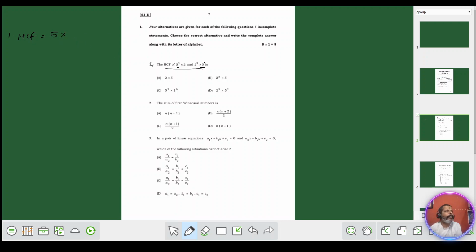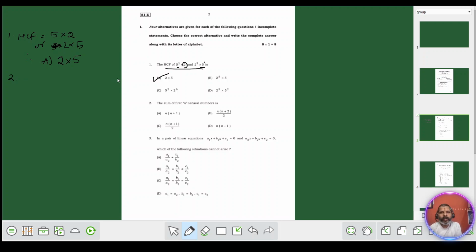Between 2 and 2 to the power 5, the lowest is 2. Sometimes the answer is given as a product, that is 10, so 2 into 5, or 5 into 2 to match the options. Therefore, the answer is A, 2 into 5. Very simple.